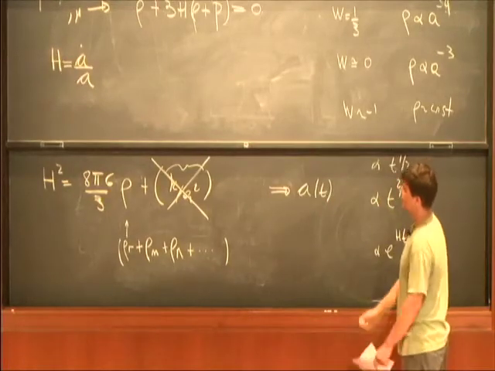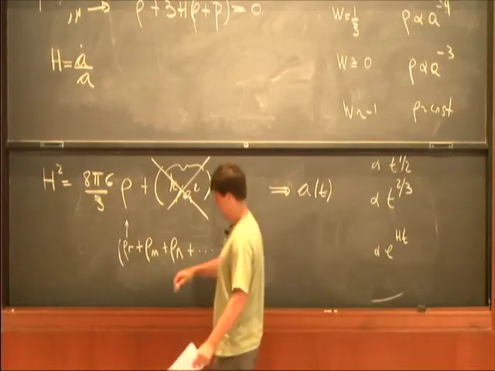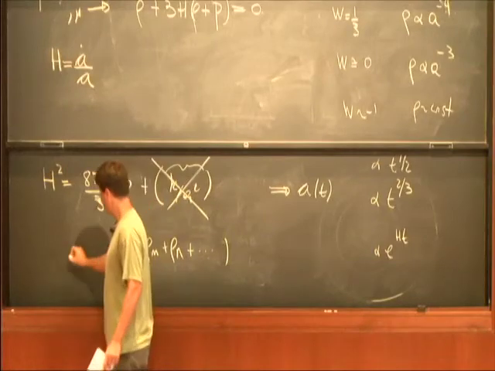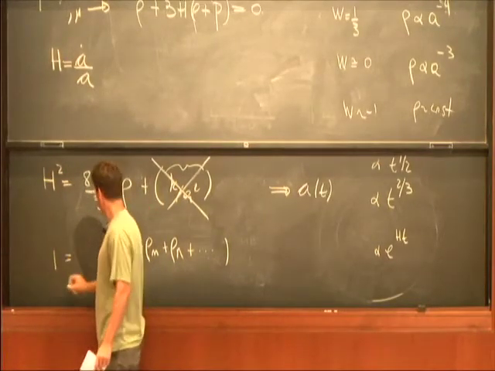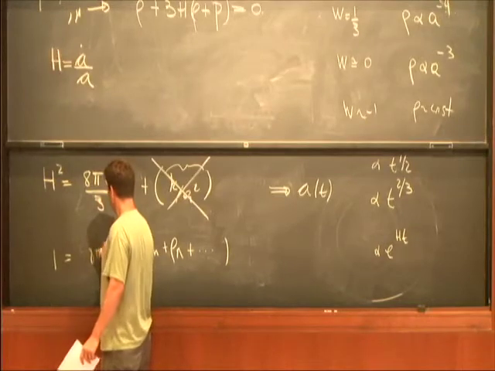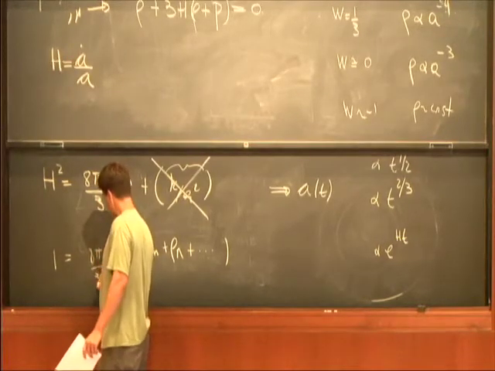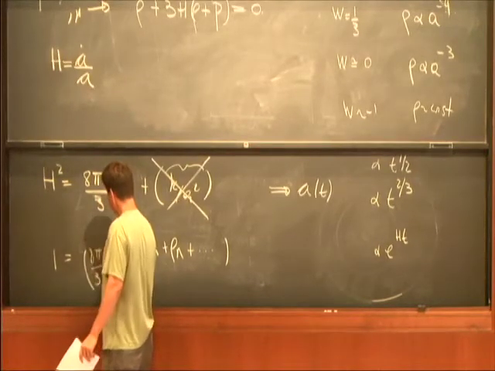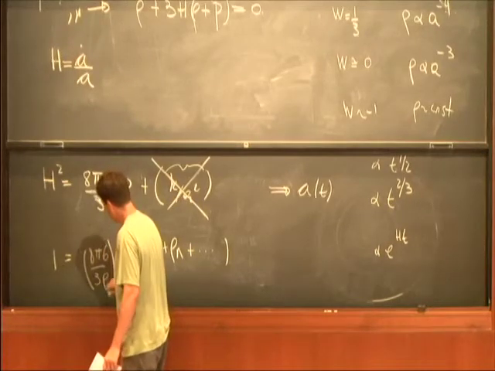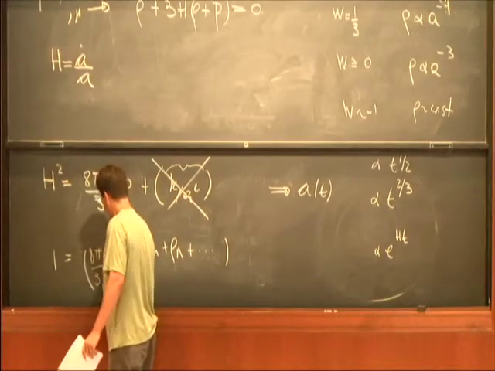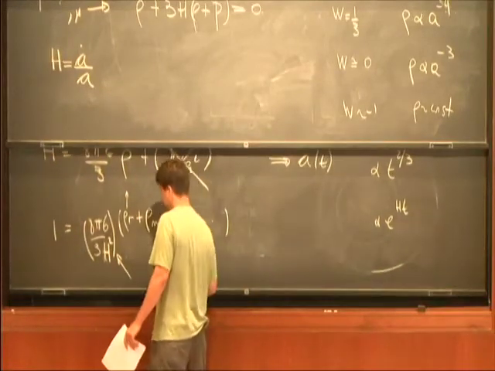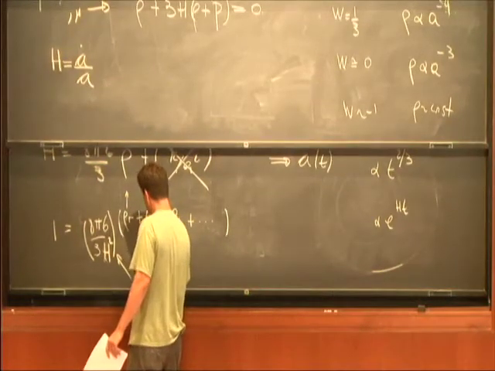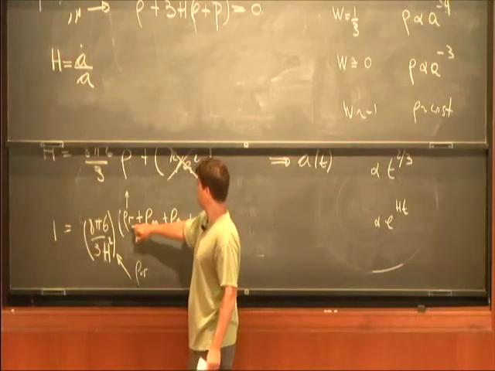What's typically done, because it will appear in some of the later discussion, is divide this whole equation by H squared. This quantity over here is called rho critical, the critical density.